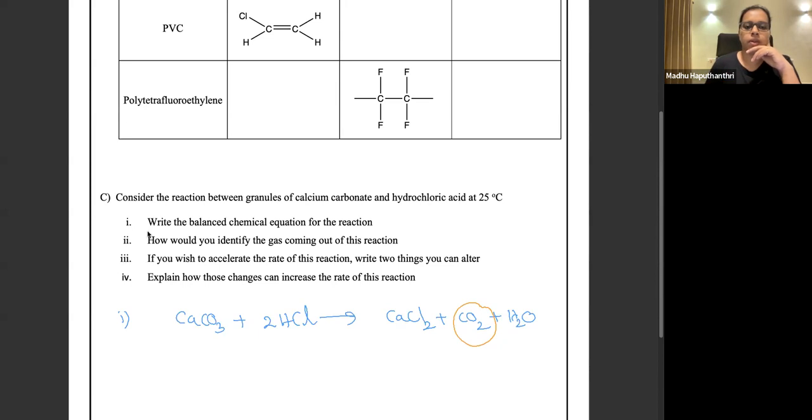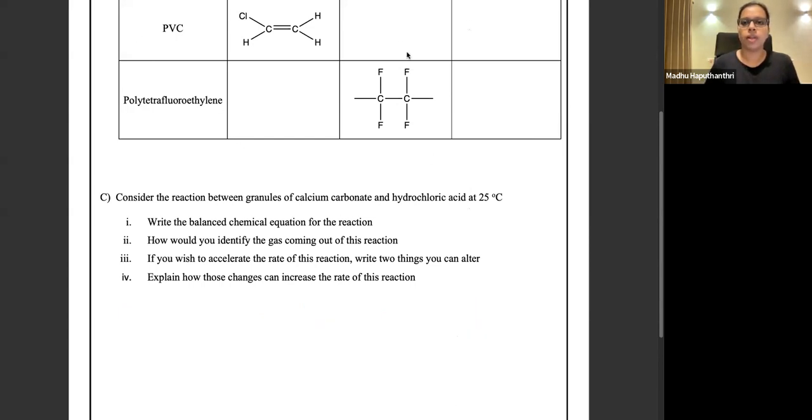Third one, if you wish to accelerate the rate of this reaction, what are the things you can do? Tell me one. Increase in the temperature, okay, I accept it. Another one, using a catalyst.